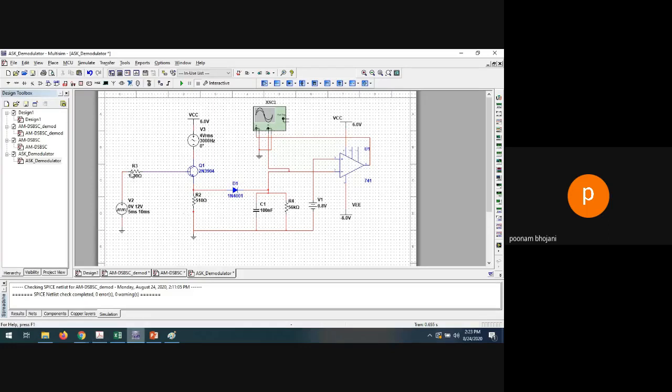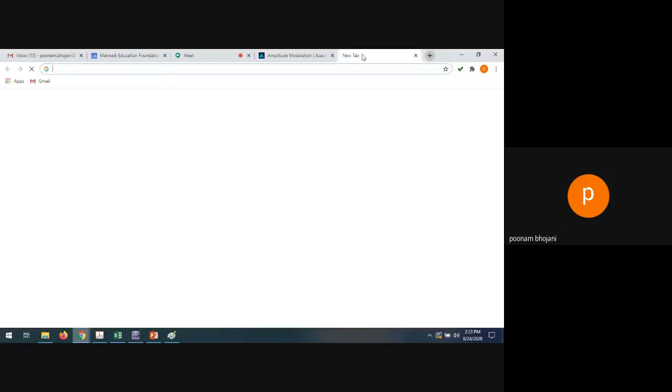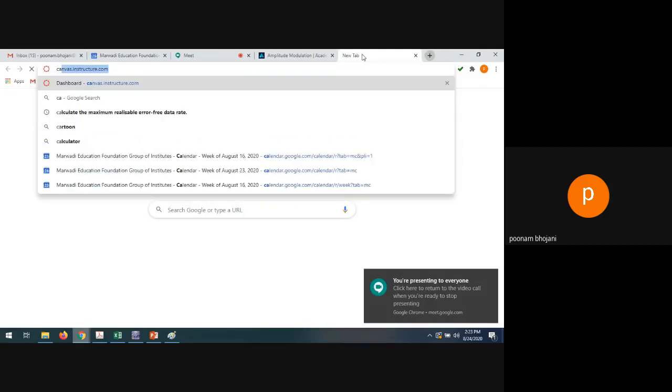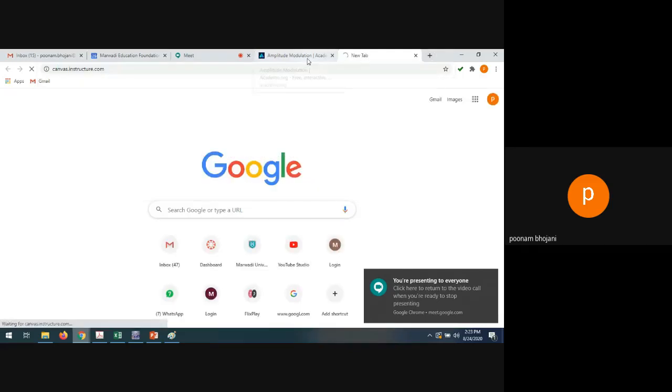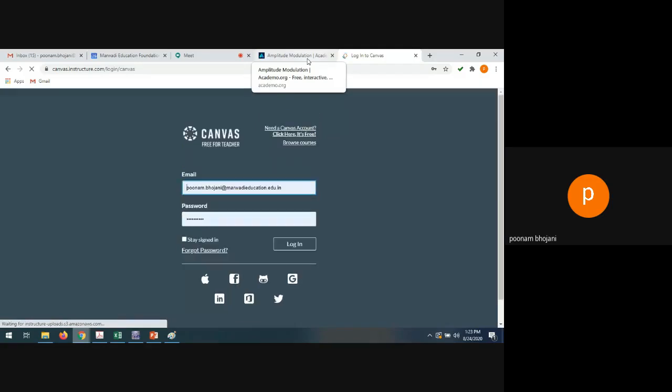Before explaining this Multisim circuit directly, let me show you what you have to do in that experiment, so that you can understand it properly.